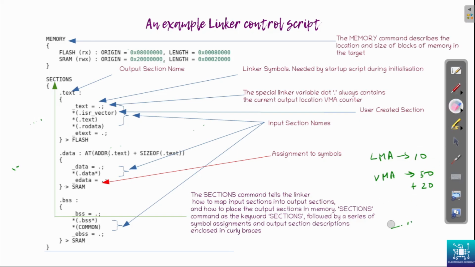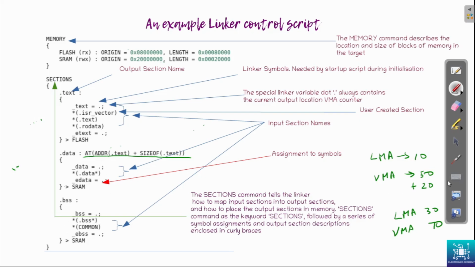So naturally, what is your LMA and VMA going to be when it comes to this section? It is going to be 10 plus 20, so LMA becomes 30, and the VMA becomes 70, 50 plus 20. So that is what is being followed, unless you have again declared a separate VMA for this section, that is, you have given an AT again.